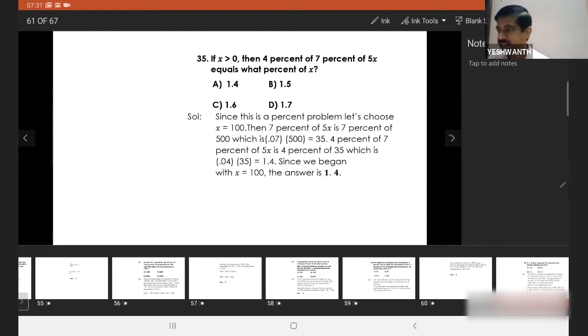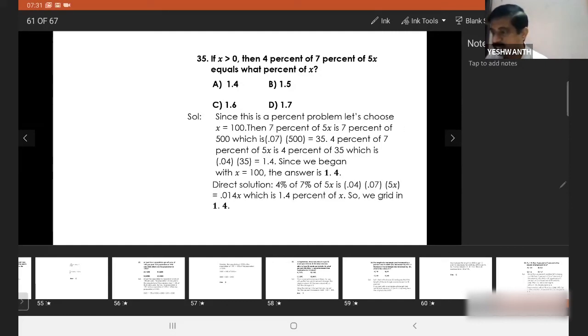If x is greater than 0, now look at this. If I assume this x as 100, 7% of 5x is 7% of 500. 7% means 7 by 100 of 500.